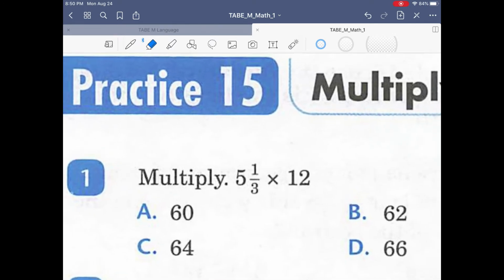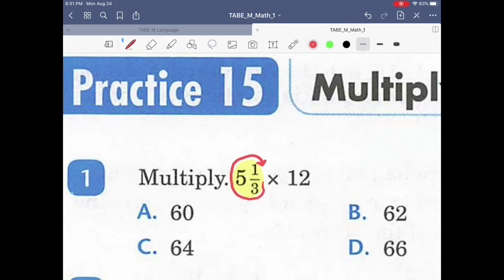So when you do that, the first thing we need to do is to convert that mixed number to its improper form. And to do that, we're going to start here and work clockwise to do this conversion.